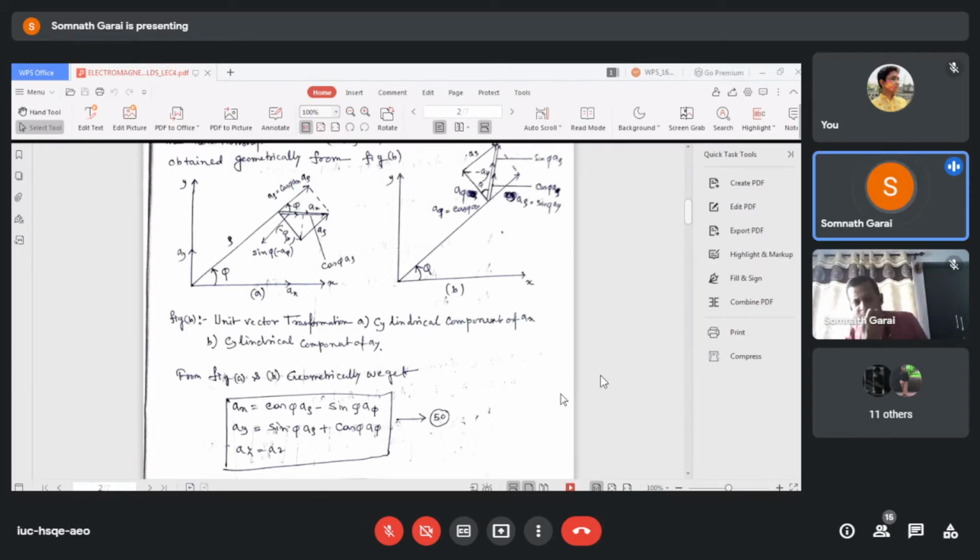It is also familiar. You have studied it in class 12. If a vector is divided into two components and constitutes a theta angle with one component, then that component will be cos theta into that vector, and the other will be sin theta into that vector. So this vertical axis does not constitute the phi or theta angle, that's why it is sin phi.